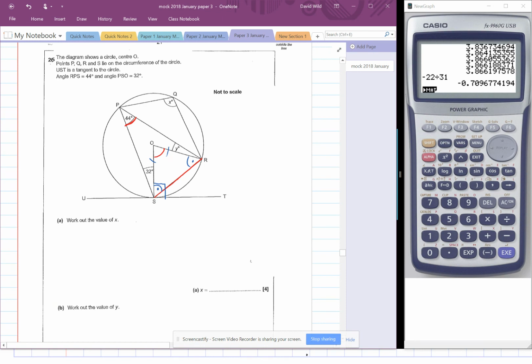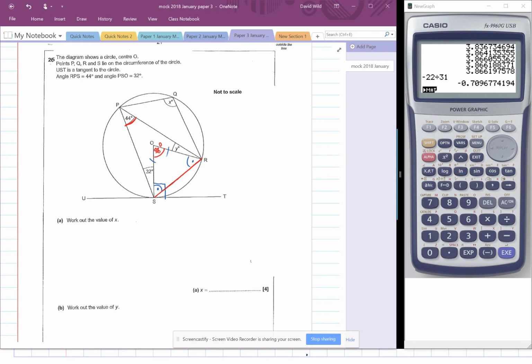The angle at the center is twice the angle at the circumference. So this angle here is 88 degrees. Notice it's not asking me to describe where my answers come from. Usually you will, so you should learn those.